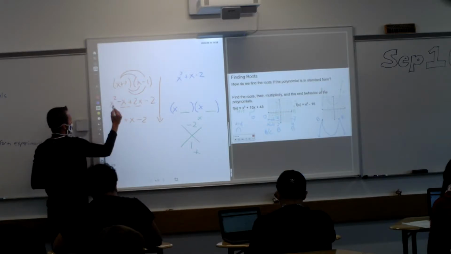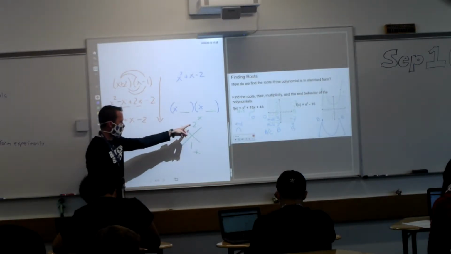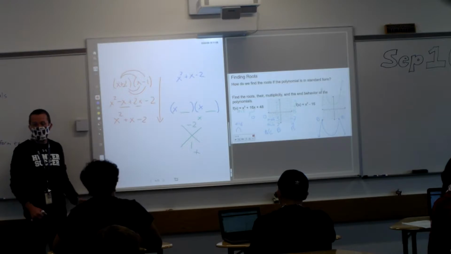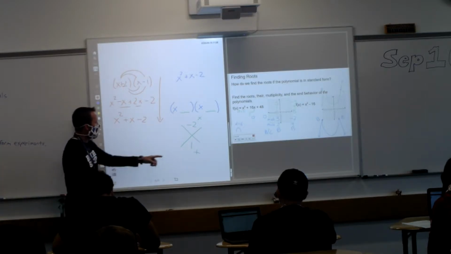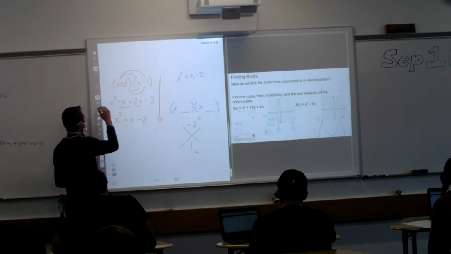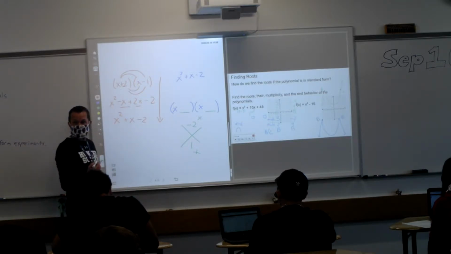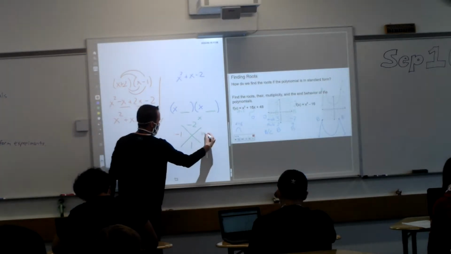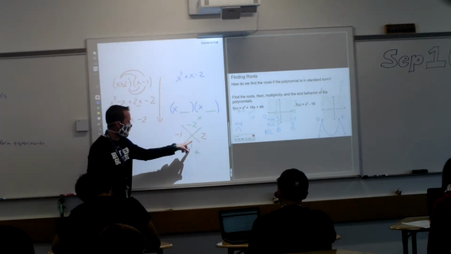So I would think to myself, say self, what numbers multiply to negative 2 but add to a positive 1? Really only have 2 choices. It's either negative 1 and 2 or negative 2 and 1. Which one of those would add to give a positive 1? This is where you respond. It would be negative 1 and 2. Good job. Because negative 1 times 2 is negative 2, negative 1 plus 2 is 1.